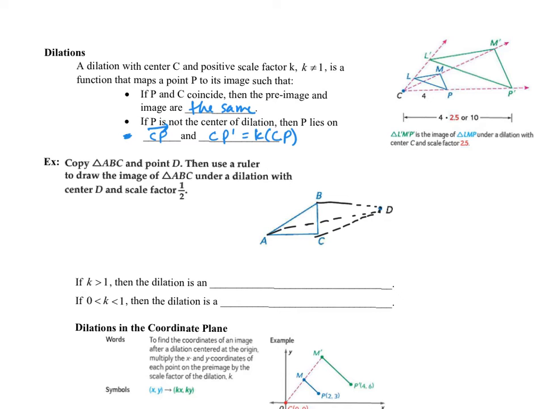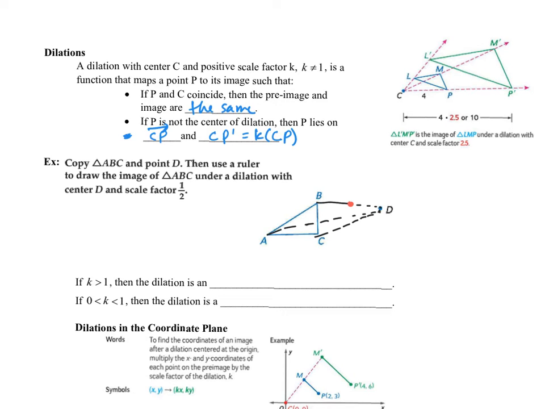Again, if you have a ruler, it'd be a good time to use it. So where am I going to? Let's start with wherever I would place B prime. Well, if my scale factor is 1/2, then I need to place B prime about here, because the distance from D to B prime needs to be 1/2 the distance from D to B. So let's put it right about here, okay?